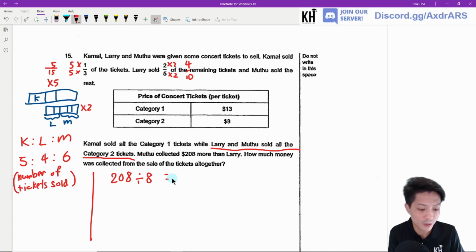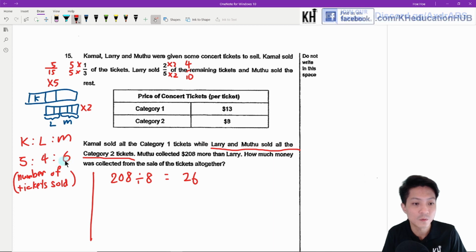So 208 divided by 8 is 36. From the ratio of the number of tickets sold, we know that 2 units is equals to 36. Okay, 1 unit is equals to 13.